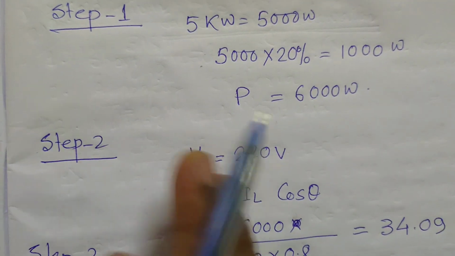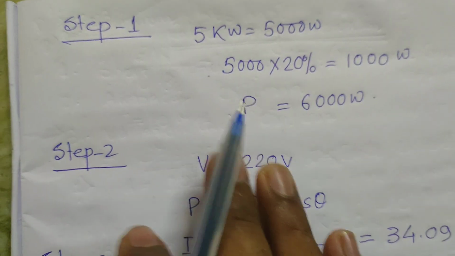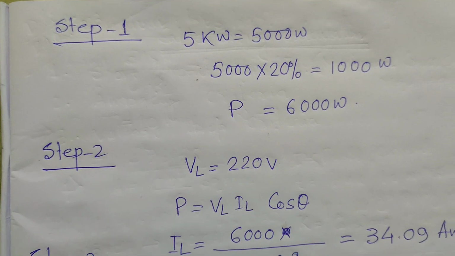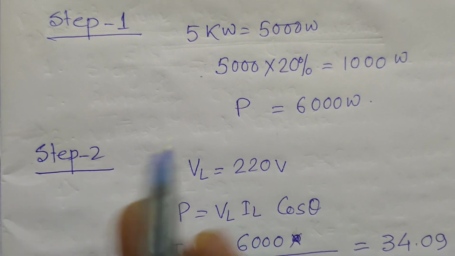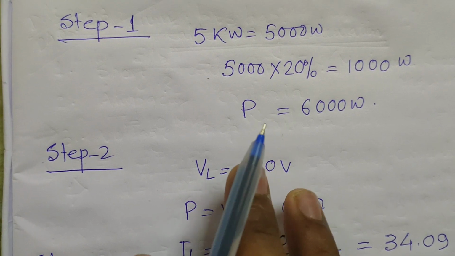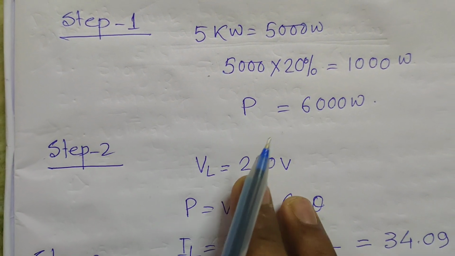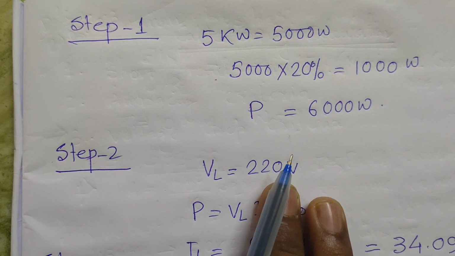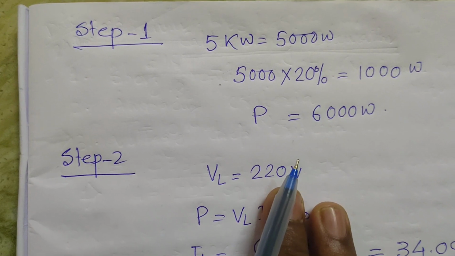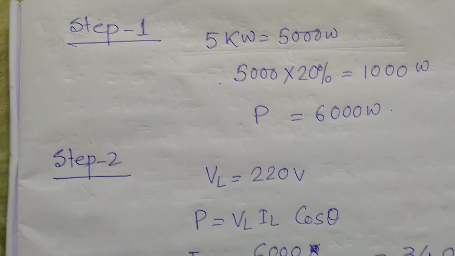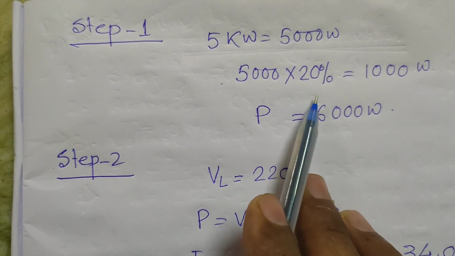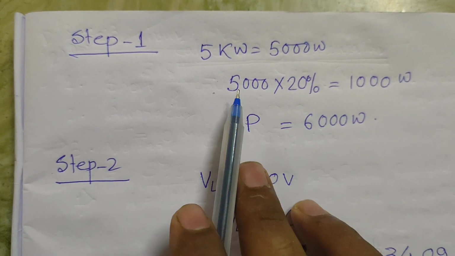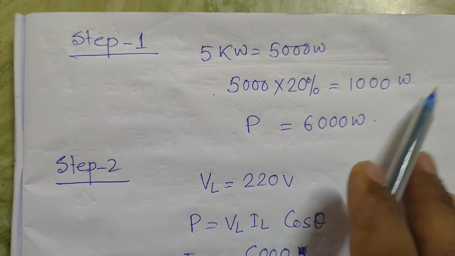We have to consider 20% above the connected load, because sometimes there will be a heavy amount of load, and then the wire connected inside the household or to the service line can be damaged. So we should consider 20% more capacity for the cable design calculation. So 5000 into 20% equals 1000.